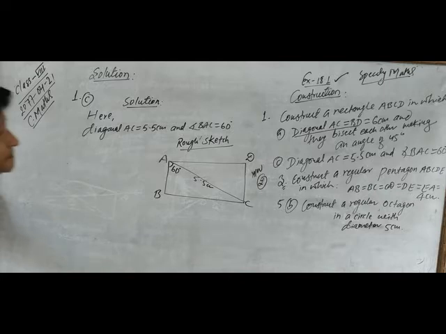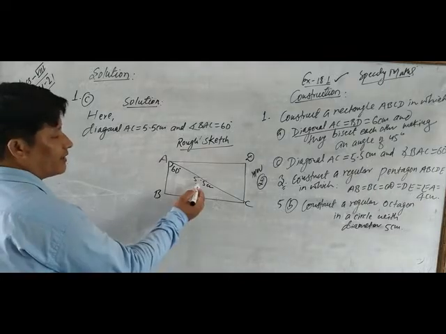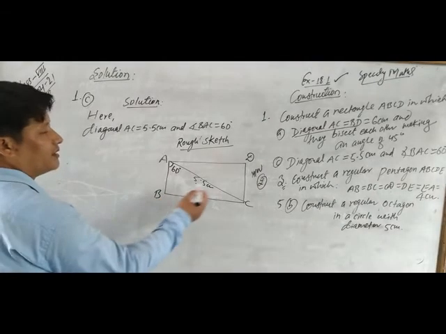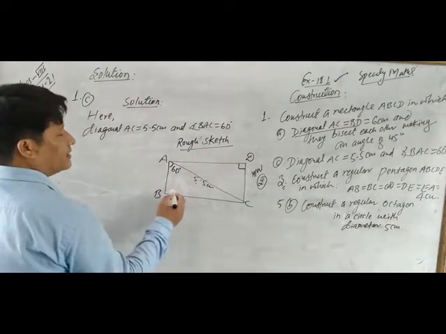This one is 5.5 cm and each angle of a rectangle is 90 degree.